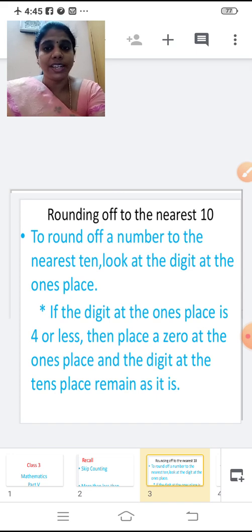So if the digit at the ones place is 4 or less than 4, what you have to do? You have to place 0 in the ones place and the tens place will remain as it is.